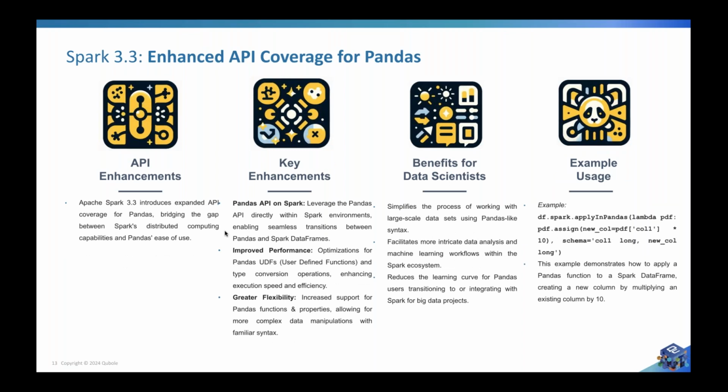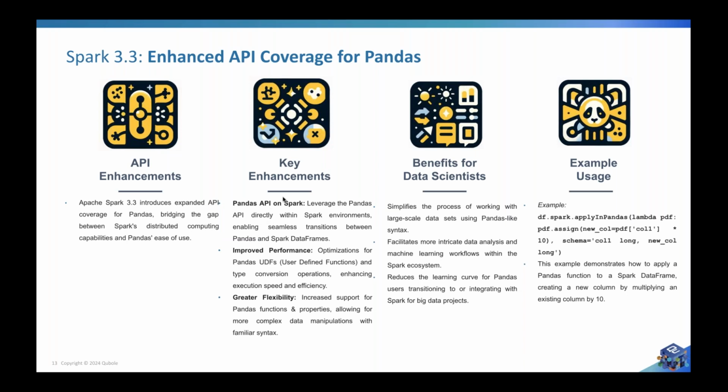Okay, and I was talking about it from a data scientist perspective, correct? How it helps. One of the things is enhanced API coverage for pandas, and as I said, pandas is used extensively and is loved by data scientists. So there is a lot of coverage for the pandas APIs now.